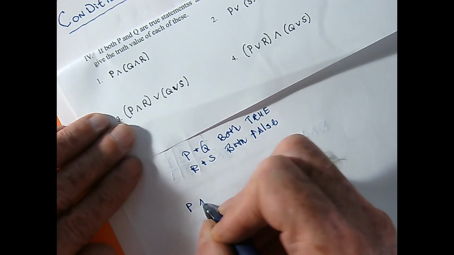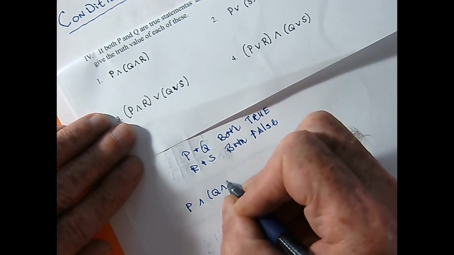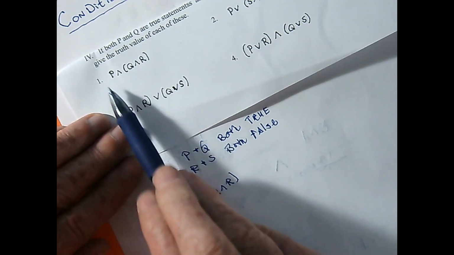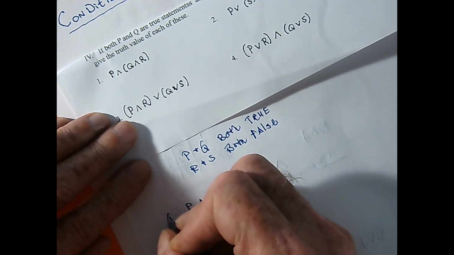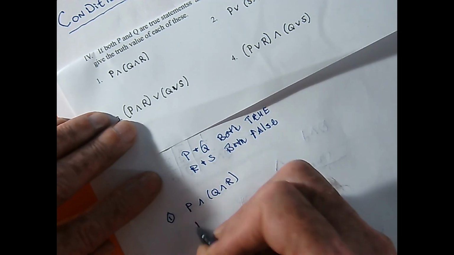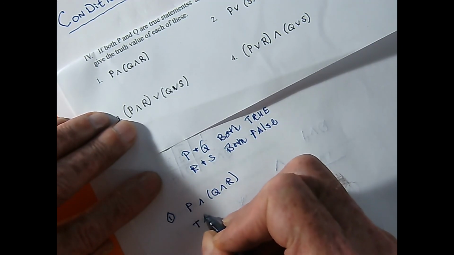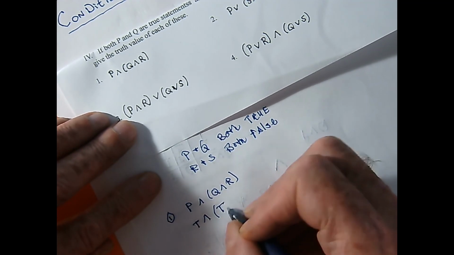P and Q and R. That's how I would read this statement. And following that, doing number one, I'll go make some substitutions. I know P was true, so I'll just replace that with a T for true. Keep the and. Q was also true, so I'll replace that with a T, and.